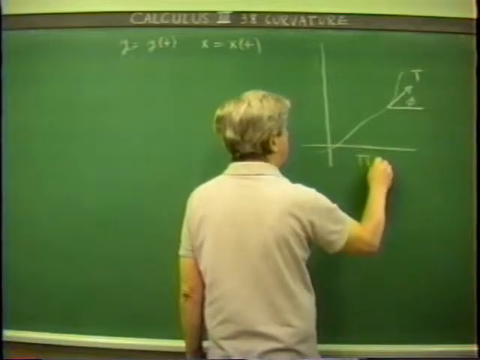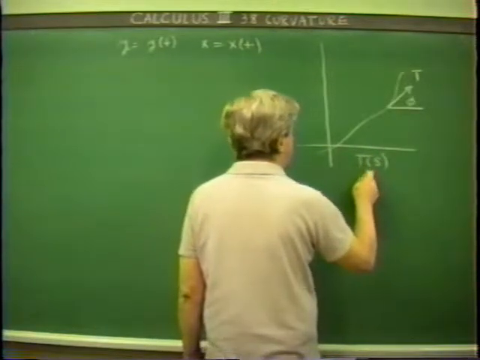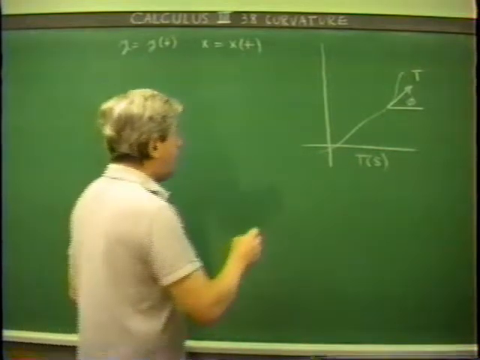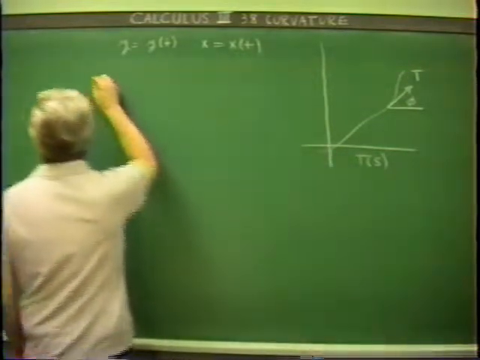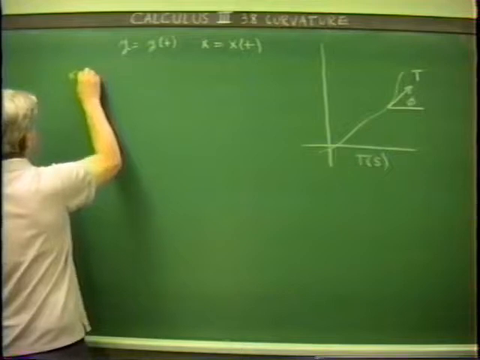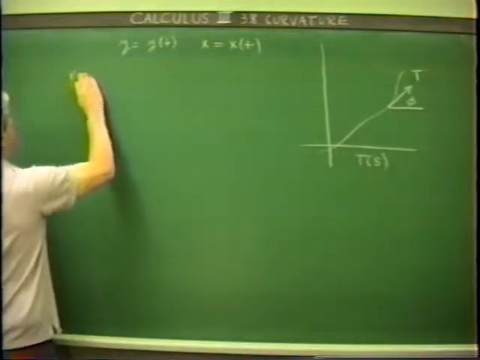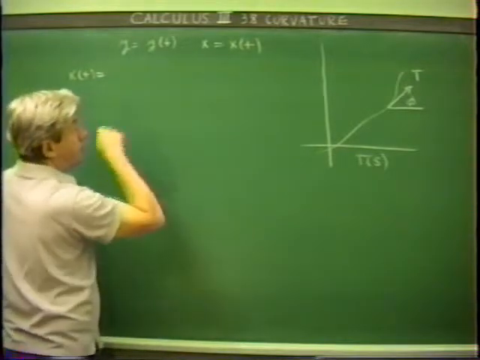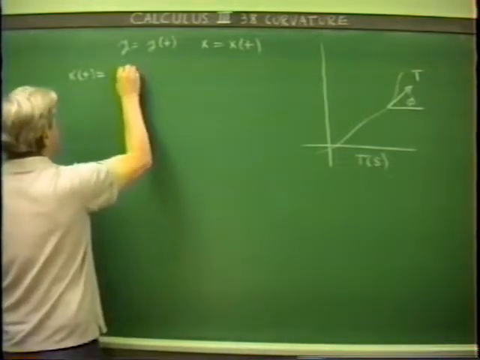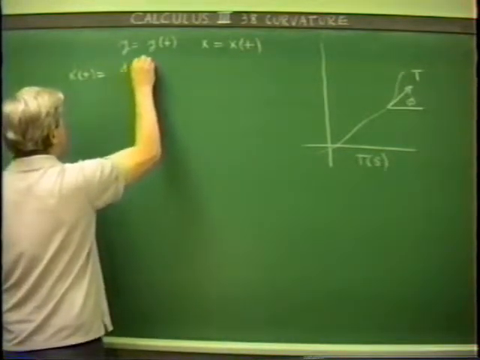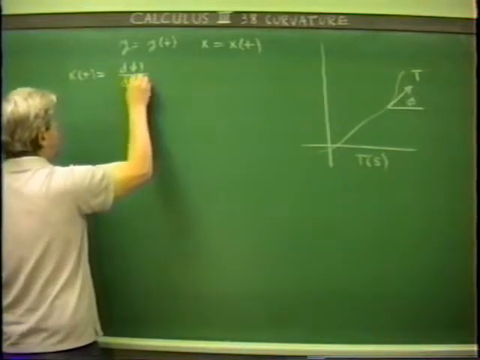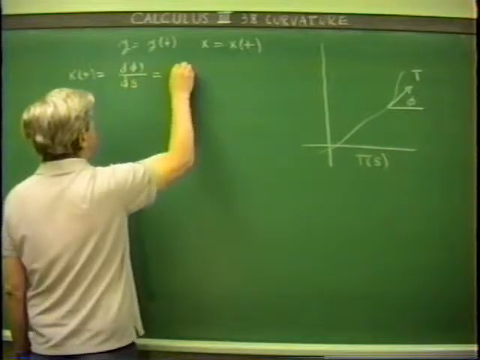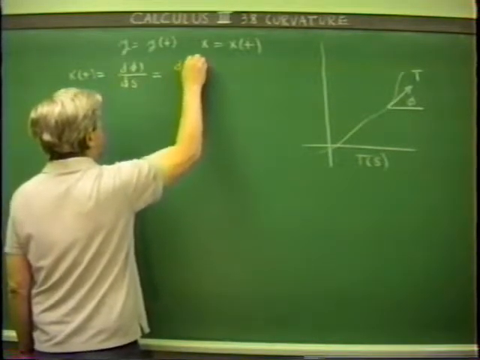We want to reparameterize this curve with t of s, and in particular, the curvature kappa at any point t is going to be equal to d phi ds.